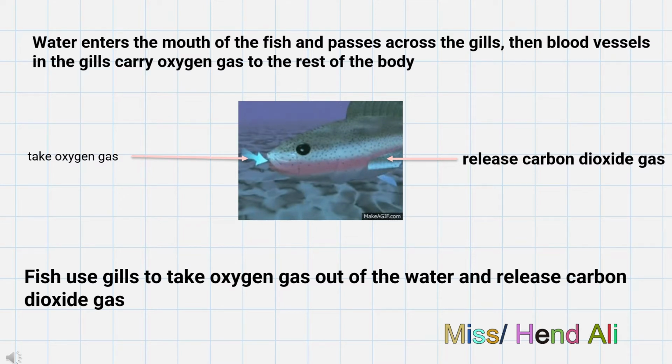Fish use gills to take in oxygen gas out of water and release carbon dioxide. So there is a take in and release. Fish take in water and then the gills take out oxygen from the water and then the gills release carbon dioxide gas.